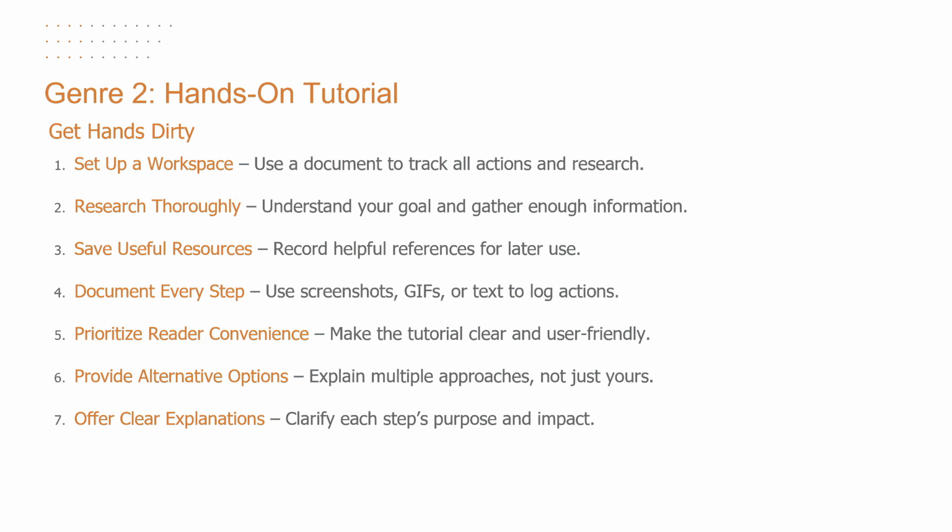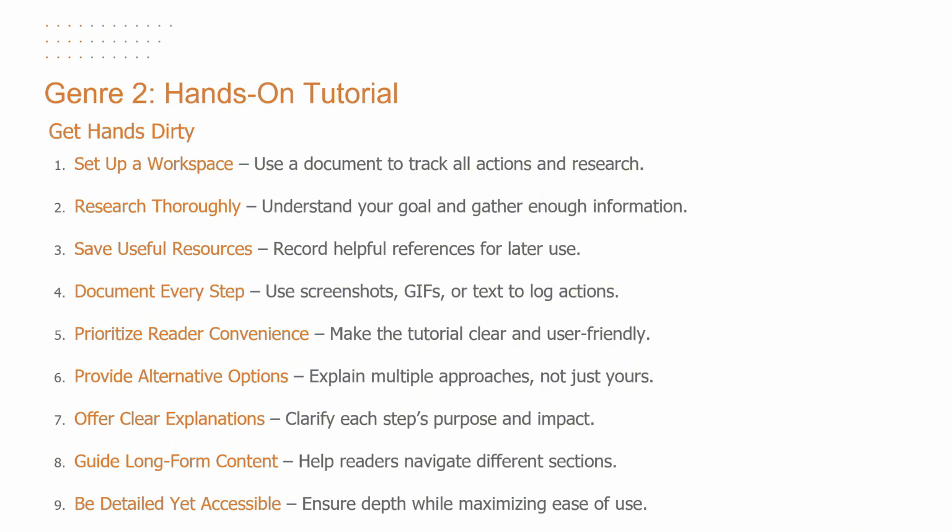This will build trust and make your guide easier to follow. The last one is guide your readers. For longer articles, help your readers find the parts most relevant to them. In short, be thoughtful and always aim to make things as easy as possible for your readers.